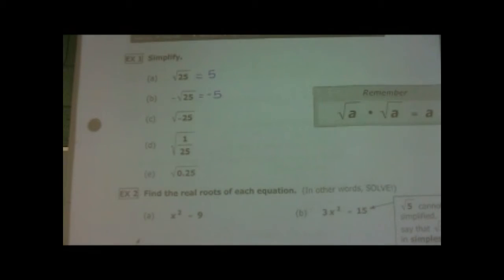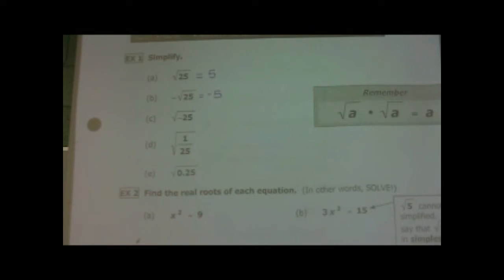Example C is a little bit different, and here's why. This time, the negative is inside the square root symbol with the 25. So that's asking me what multiplied by itself gives me negative 25. Nothing is going to work here because positive 5 times positive 5 gives me positive 25.